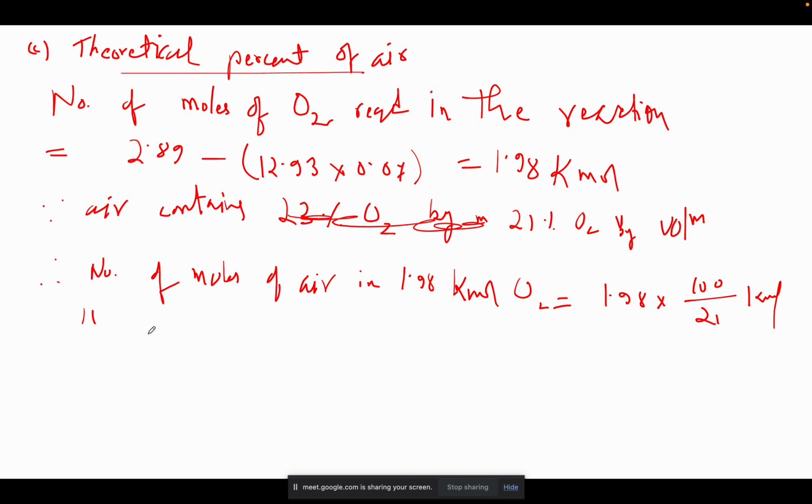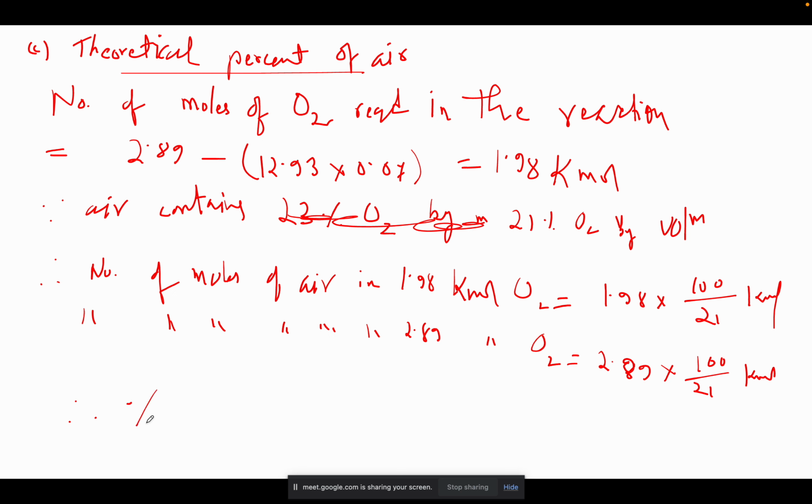Okay, number of moles of air present in 2.89 kilomole O2 is basically 2.89 into 100 by 21 kilomole.